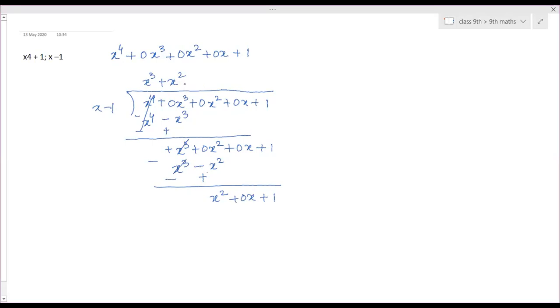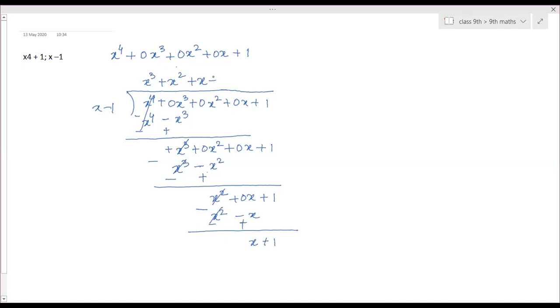Now next quotient, plus x. x into x is x square. x into minus 1, minus x. Sign will change. This becomes 0. 0 plus 1 is 1. x plus 1.